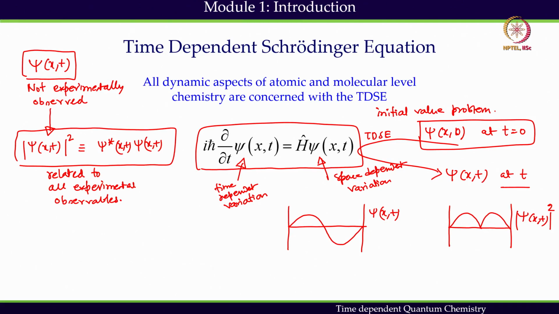And if this psi(x, t) is a normalized wave function, then one can write that in the entire space, the total probability of finding that particle is going to be 1, because we are dealing with a single particle.